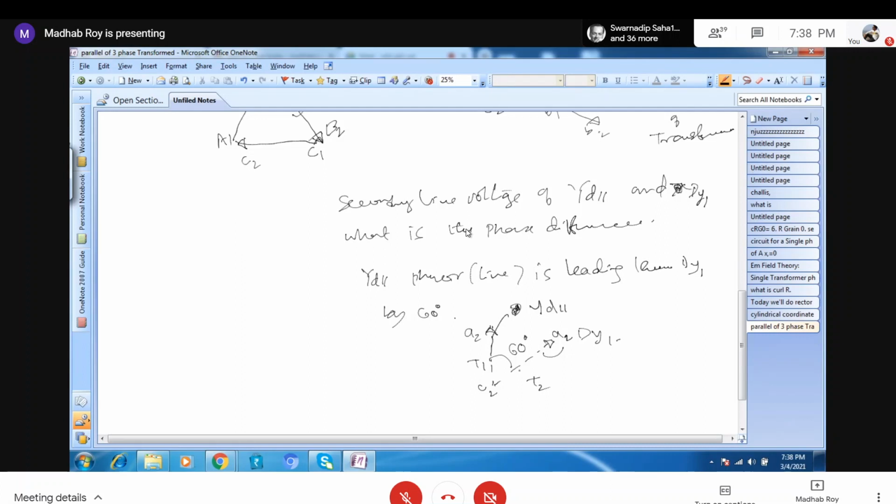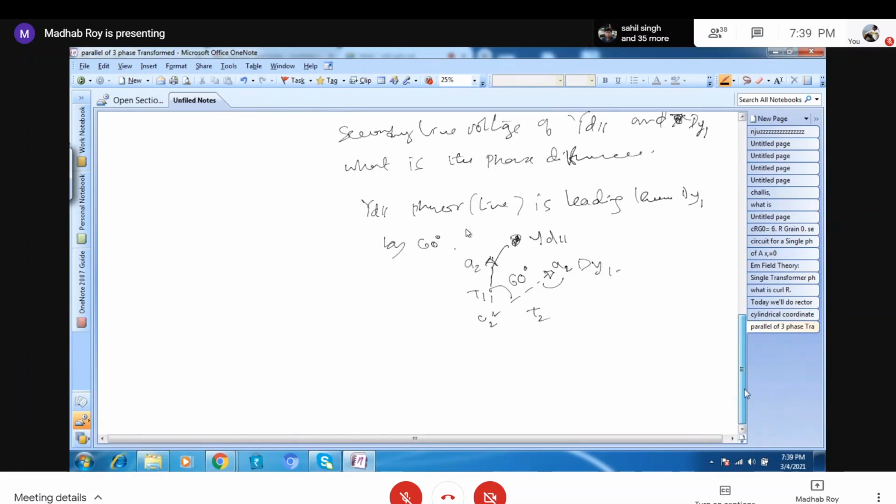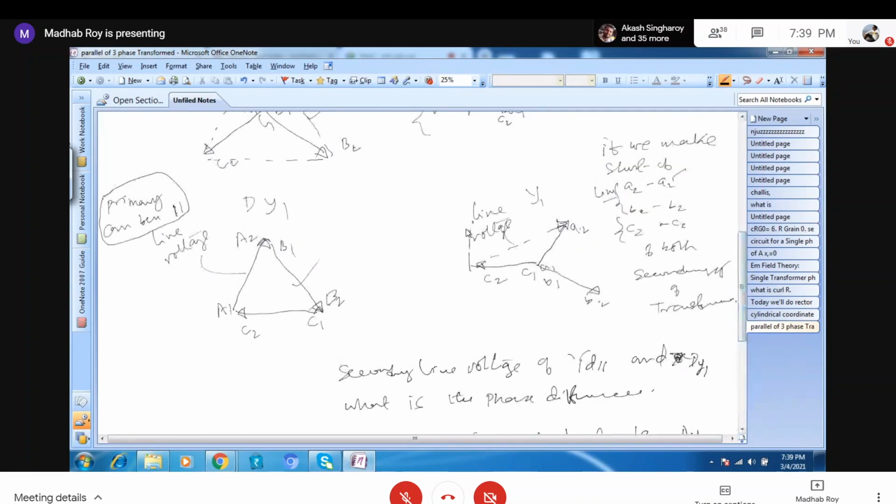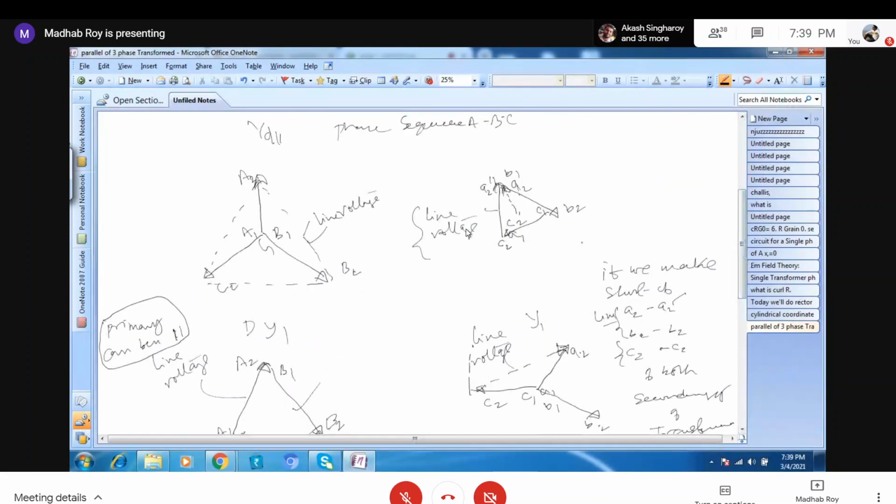So then what do we do? Whether we can do it or not depends on some modification. Suppose we make the secondary of this similar to the secondary of this, then we can have the same phase of the line voltage.